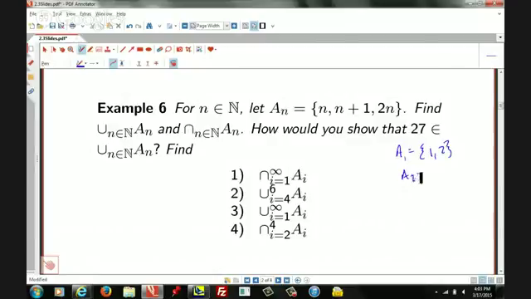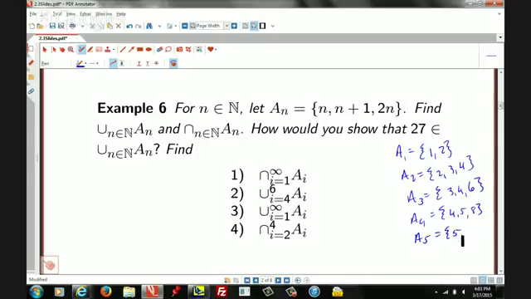How about A sub 2? 2, 3, and 4. A sub 3: 3, 4, and 6. A sub 4, A sub 5, and A sub 6.